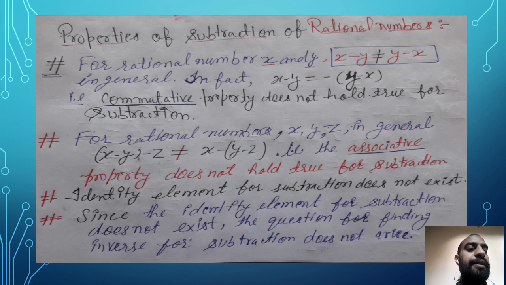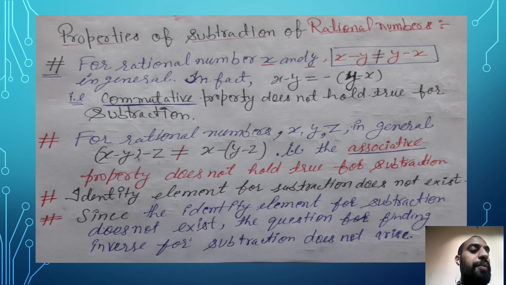So now next is our identity element. Identity element for subtraction does not exist, but in case of addition, identity element is 0, because if we are adding 0 to any number, then the number remains the same. But in case of subtraction, we do not have any identity element.